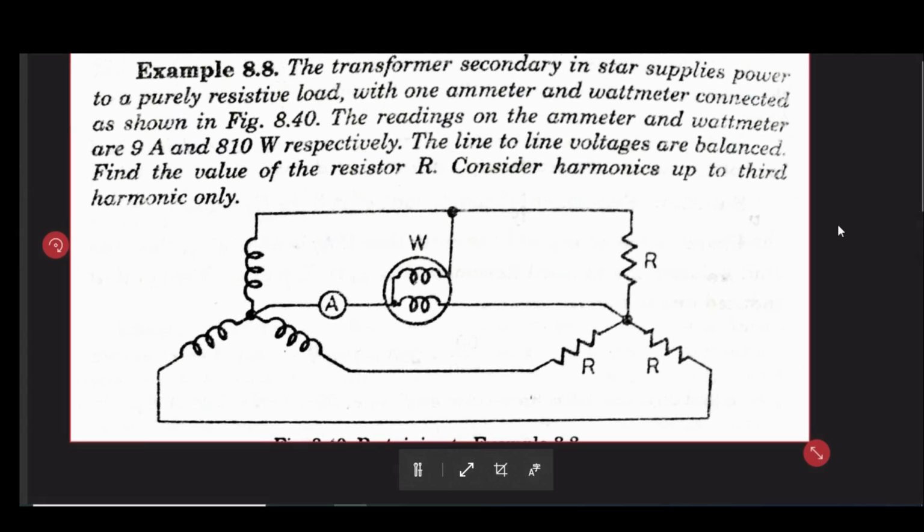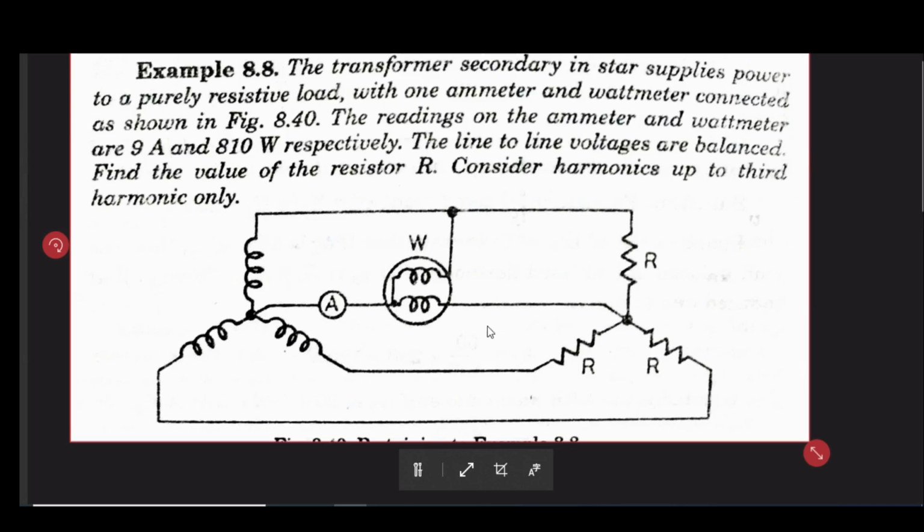The secondary star supplies power to a purely resistive load with one ammeter and voltmeter connected as shown. The reading of the ammeter and wattmeter is 9 ampere and 810 watt. The line to line voltages are balanced.